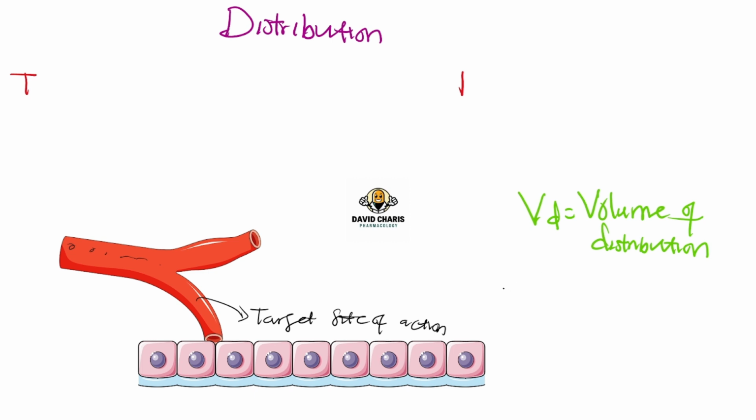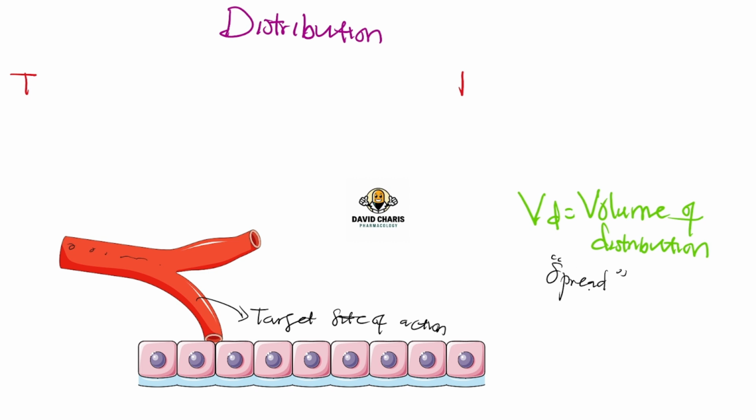Now, the volume of distribution just shows how spread out the drug is. When the drug is present in the bloodstream, don't forget that the drug needs to be present in the bloodstream unchanged. So the volume of distribution shows how spread the drug is throughout the body.